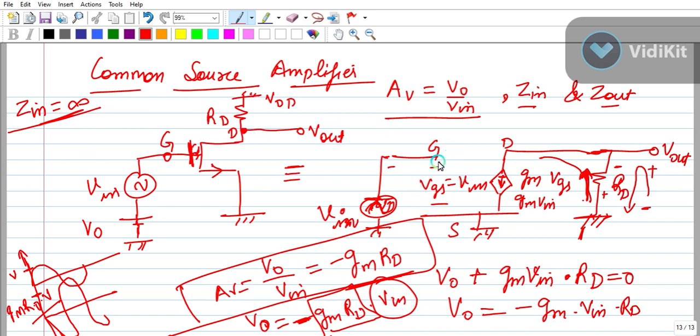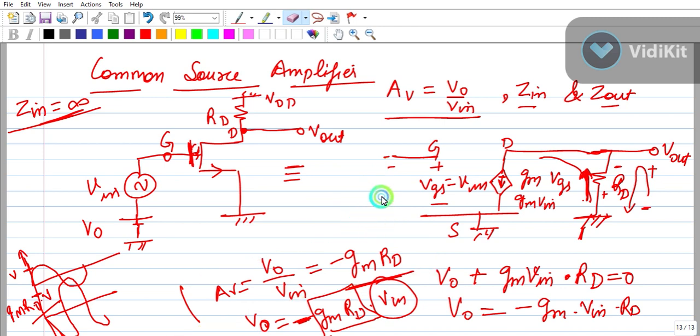To calculate the R out, you have to make V in 0. That means we have to short it. So VGS will become 0. Am I right? So this will become 0. And you have to apply Vx here, and now you can calculate the impedance.